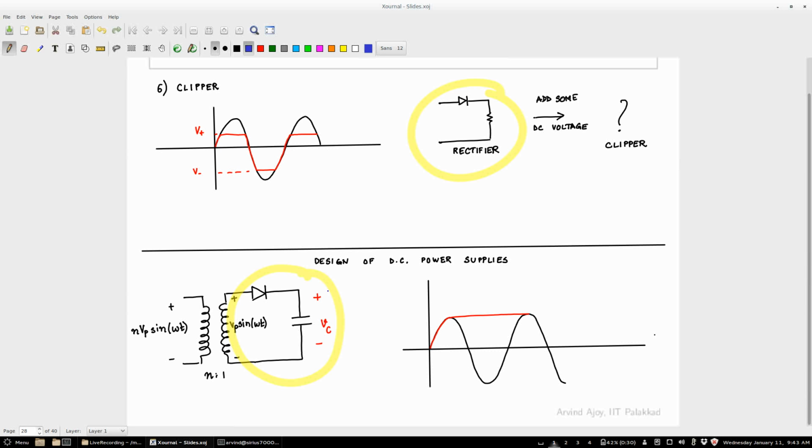So then shall we just close and go? What's the problem? Why do we still have to worry about this? Why will there be a slight slant? Still, it's an ideal capacitor.